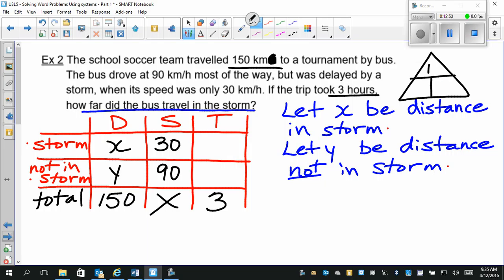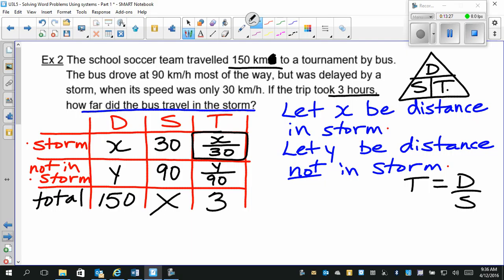If I'm trying to figure out what t is, t is equal to d over s. So for the time when they're in the storm, we're going to take the d, which is the distance, and divide it by the speed, which is 30. And for the time not in the storm, that's going to be y divided by 90.